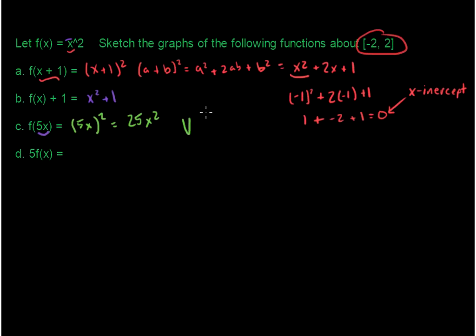If you had a number, say a, that's greater than 0 but less than 1, like 1/2, if it was 1/2 x squared, that would actually expand it and make it drawn out like this. And the closer it gets to 0, the wider it gets. Obviously at 1 you just have your normal parabola, but as the number gets greater than 1, it starts to look more like this here, like a really skinny, compressed parabola.